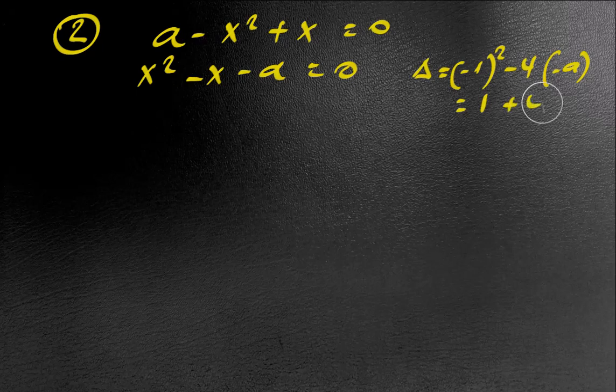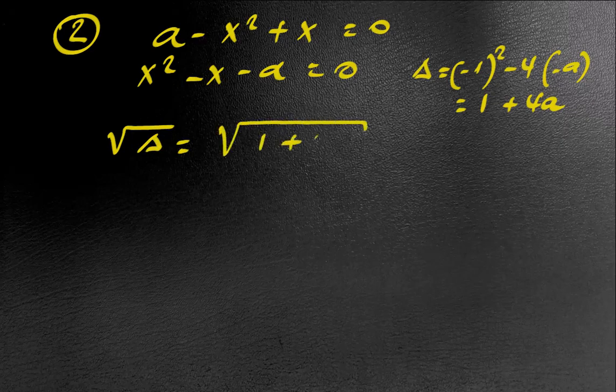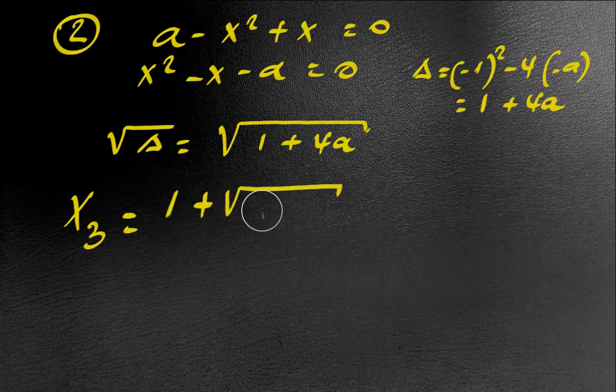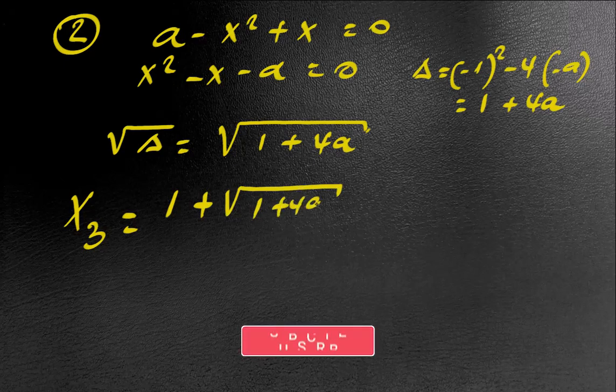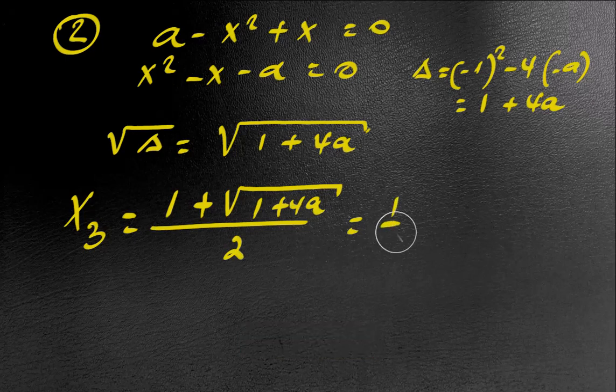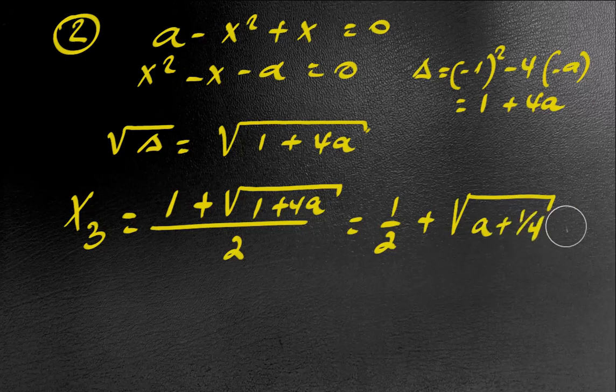We get 1 plus 4a. All right, so square root of delta is the square root of 1 plus 4a, and we get our third root here. That will become 1 plus square root of 1 plus 4a over 2. It is equal to 1/2 plus square root of a plus 1/4.